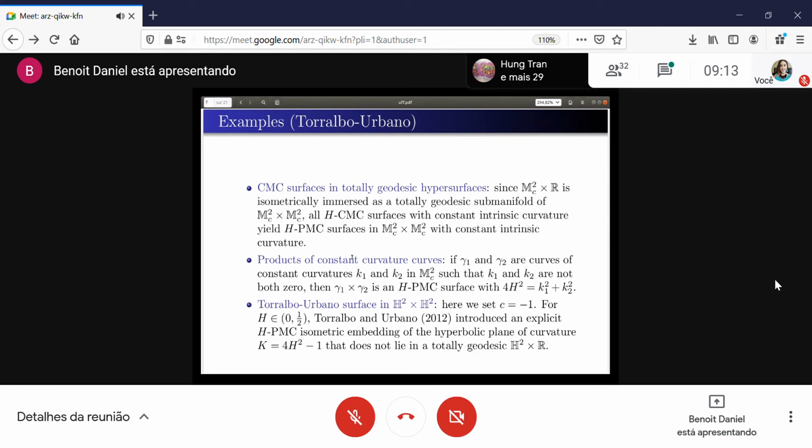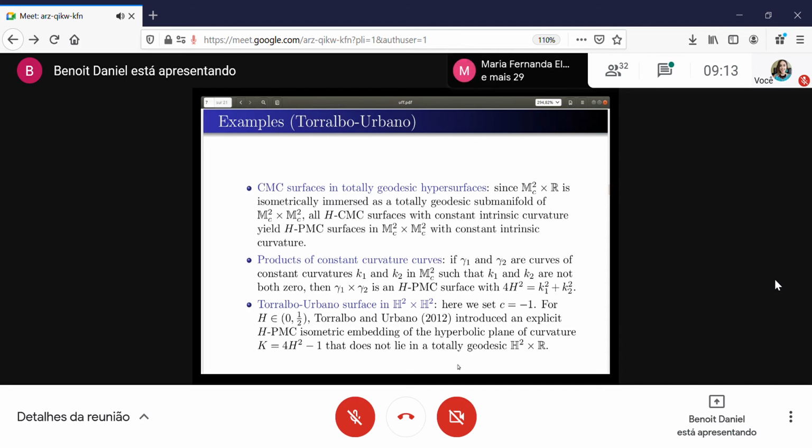So here, of course, I'm just avoiding the minimal case, which occurs in the same way, where K1 and K2 are 0. So this is the only reason why I'm excluding this case. So I will not consider minimal surfaces. And there is also another example found by Torralbo and Urbano in H2 cross H2. So I will call this the Torralbo-Urbano surface.